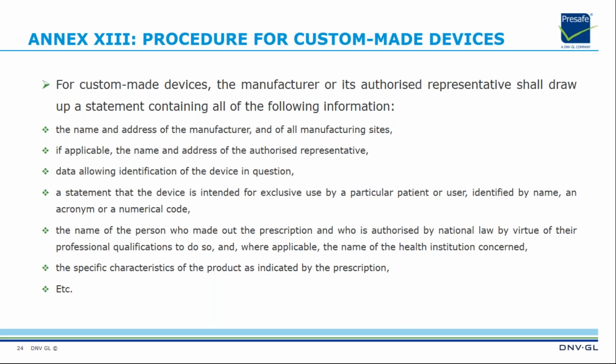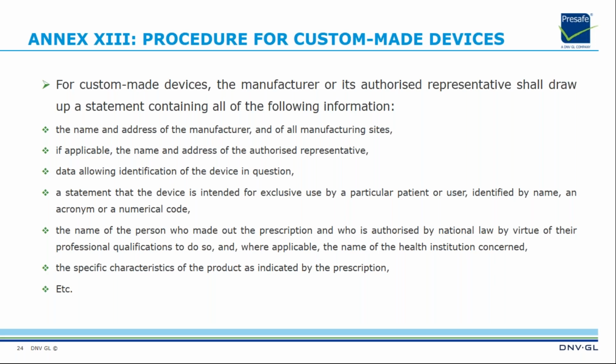If applicable, the name and address of the authorized representative. Data allowing identification of the device in question. A statement that the device is intended for exclusive use by a particular patient or user, identified by name, acronym, or a numeric code.